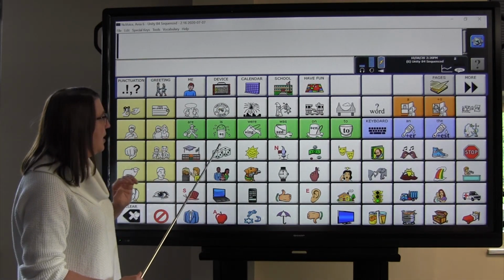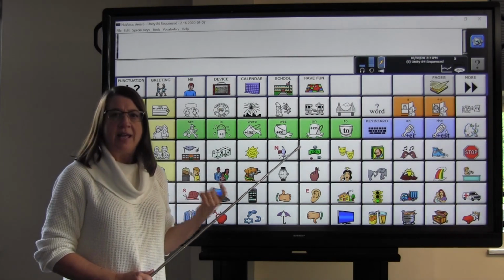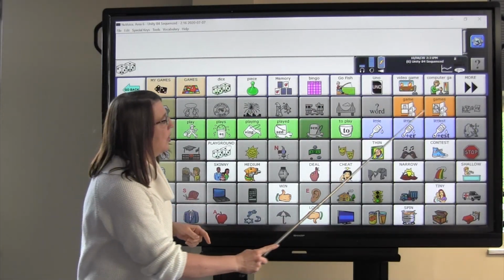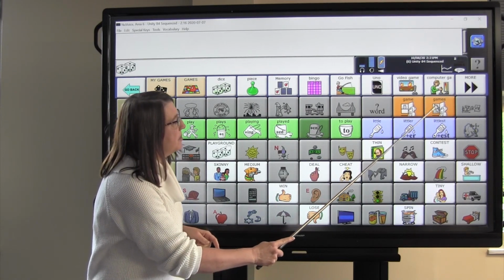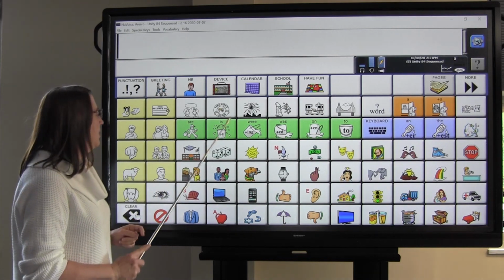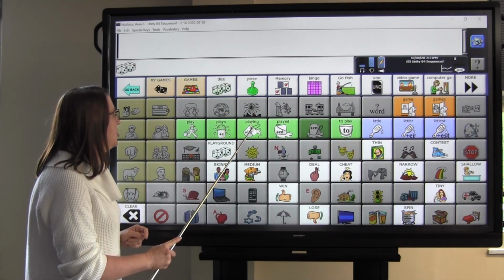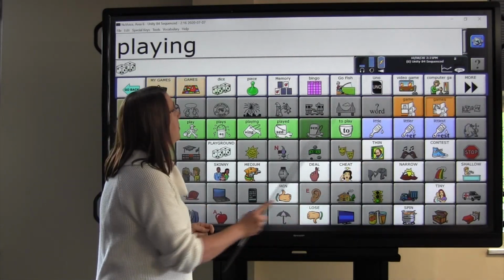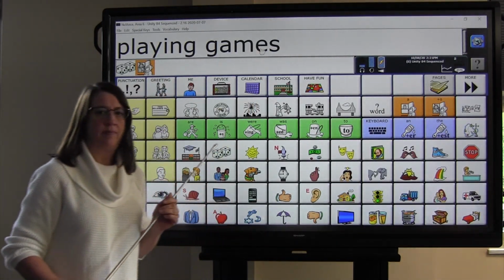The dice icon has the noun game associated with it. So if I select the dice plus the orange keys, I can say game or games. Let's say playing games. Dice plus ing, playing. Games. Playing games.